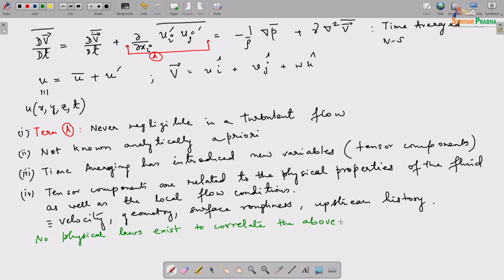So what exactly am I talking about here? We have this term here, which is basically a single component of velocities with 9 components, essentially a tensor component. What we are understanding here is that, like we just said, this is not known analytically. There is no way to figure out even a little bit as to the possible values, the possible quantification of this term.